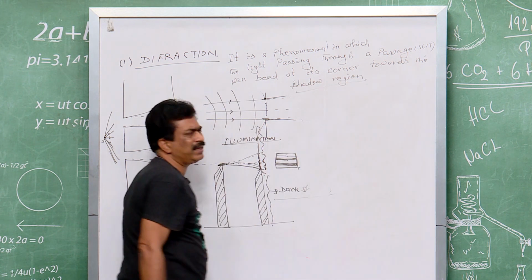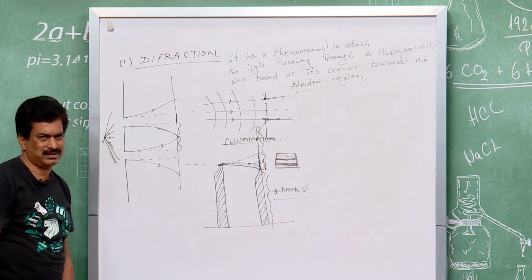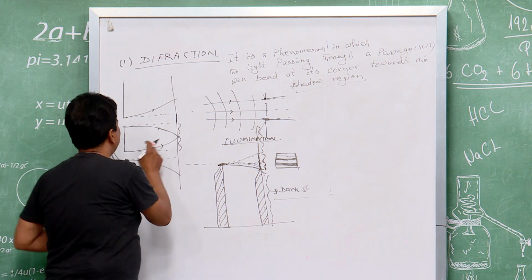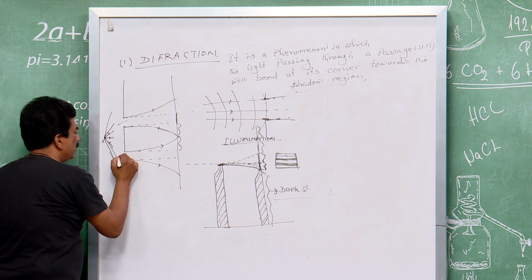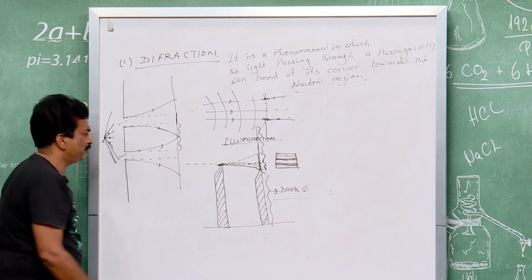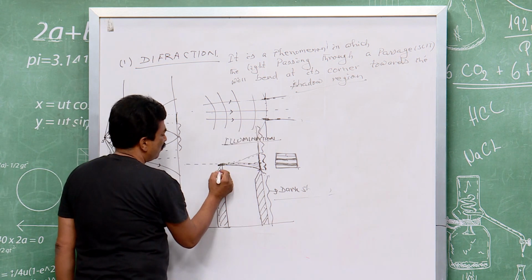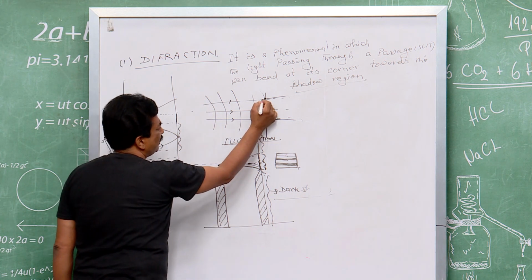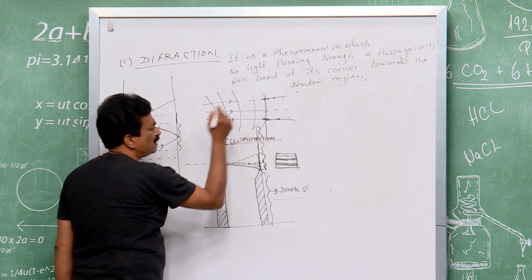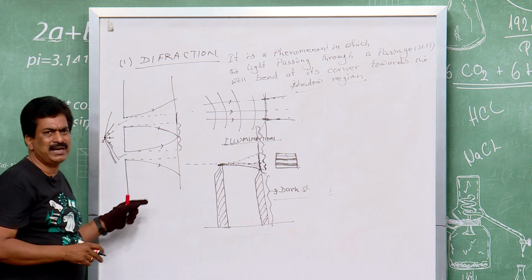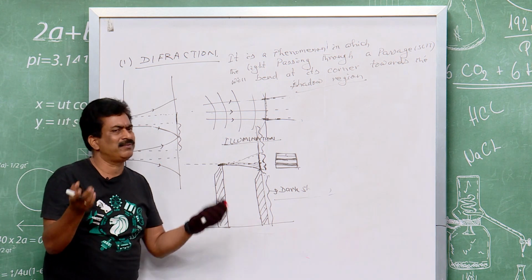This phenomenon is known as diffraction. As I have shown you, this is the double slit. For this one, we have taken the single slit. You see here only the single slit. Here it is the double slit, and you can take a number of slits.